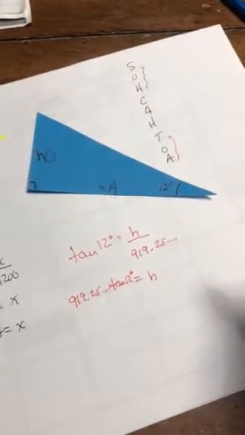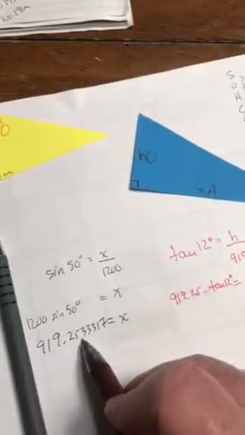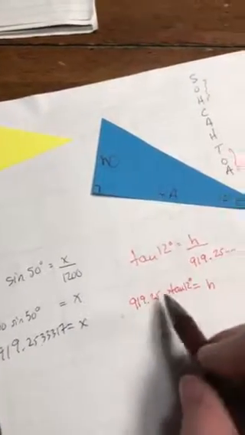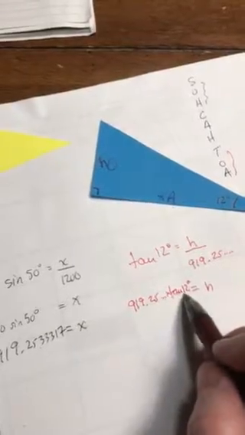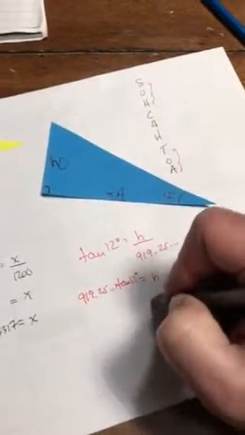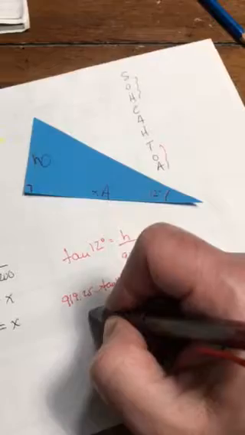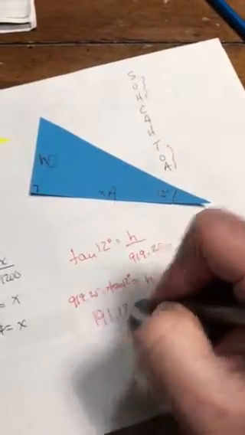Well, I should already have that number stored on my calculator. It's the last answer that I put in there. So all I have to do is multiply by tan of 12 degrees, and I get an answer of 191.12.